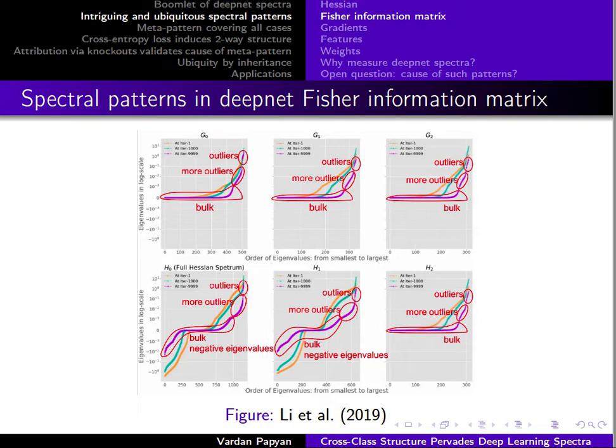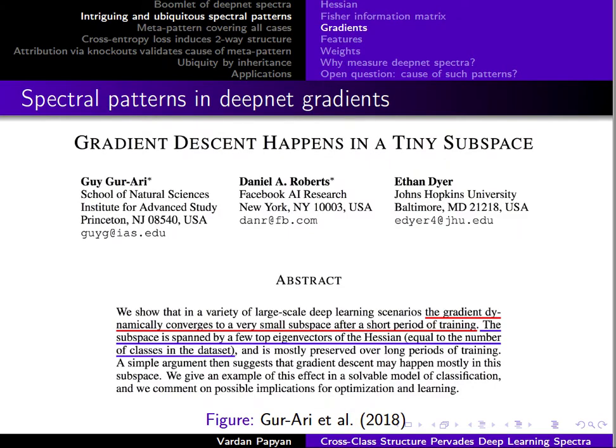Here's another interesting paper, by Gur-Ari et al. and co-authors. They noticed a very interesting phenomenon about the gradients of SGD. The gradients of SGD, after a short period of training, are apparently spanned by some low-dimensional subspace.